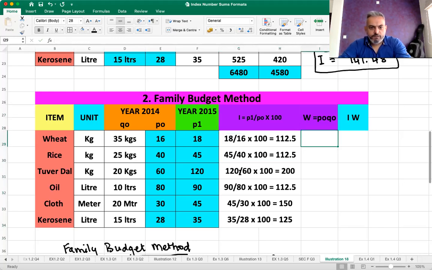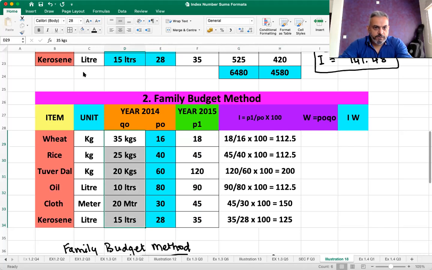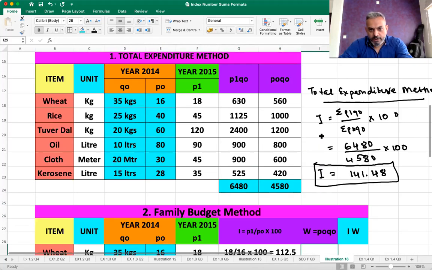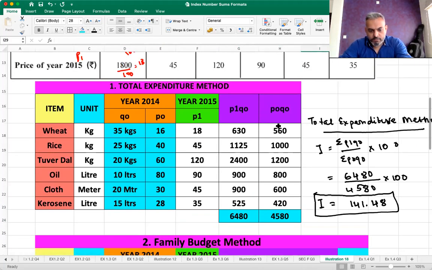Weight is P0 Q0. So let's highlight P0 Q0. So P0 into Q0 is already calculated over here, so directly use it.